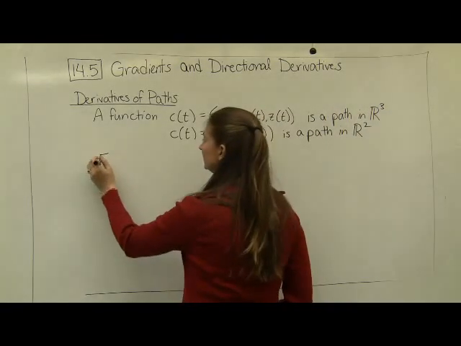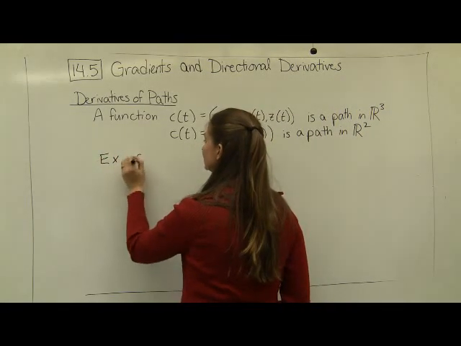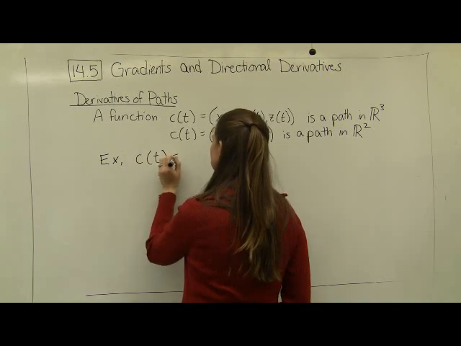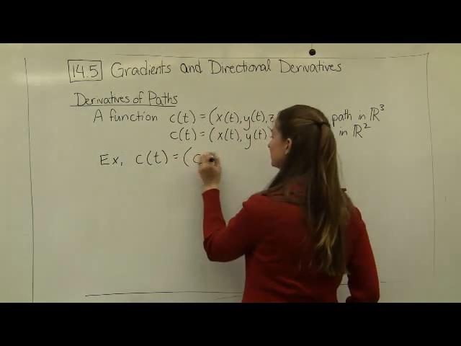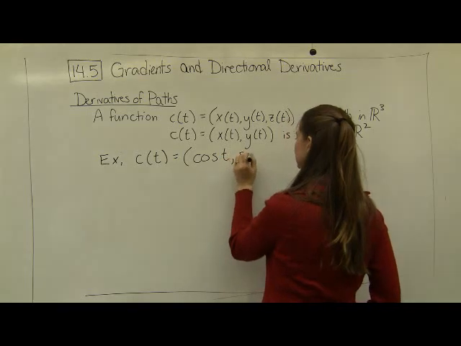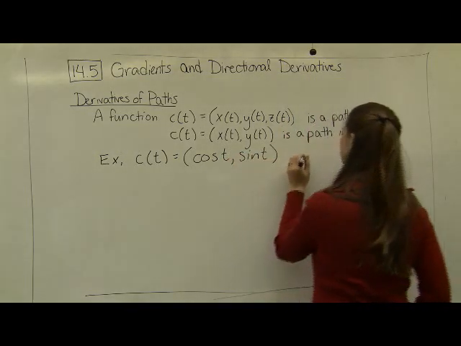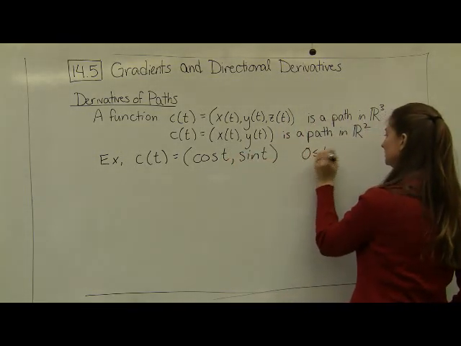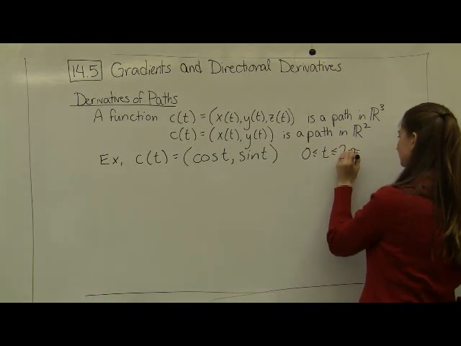So for example, one of my favorite paths in R2 is the path given by cosine of t, sine of t. And I might put the restriction on t that t is going to be between 0 and 2 pi.